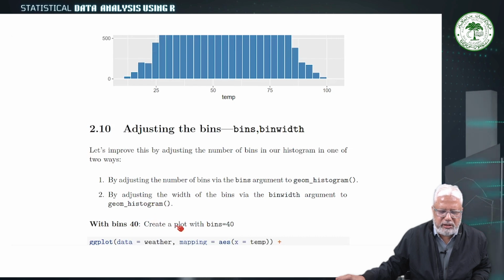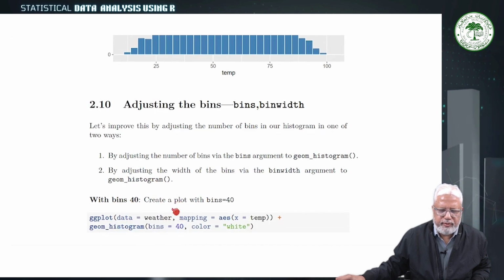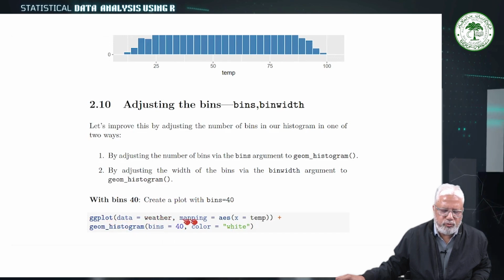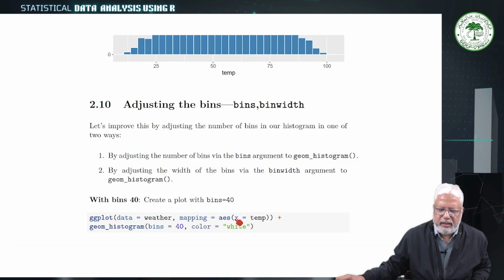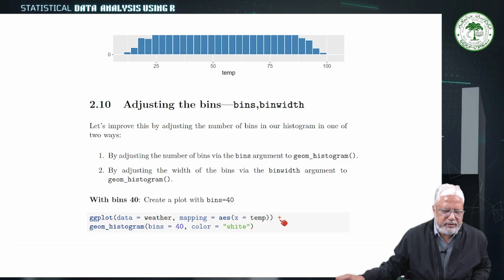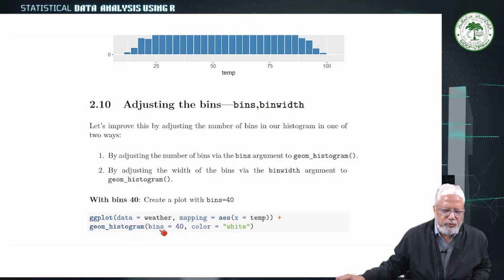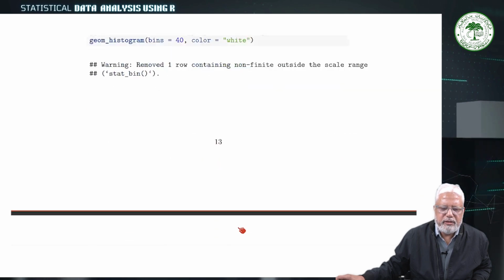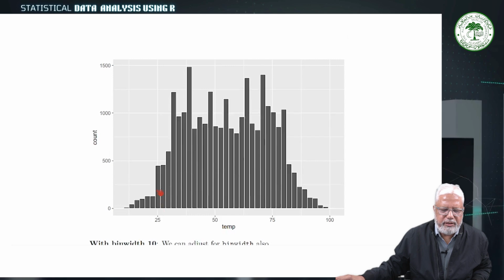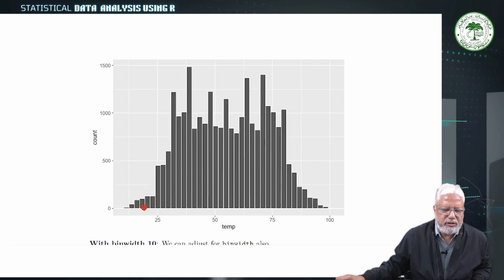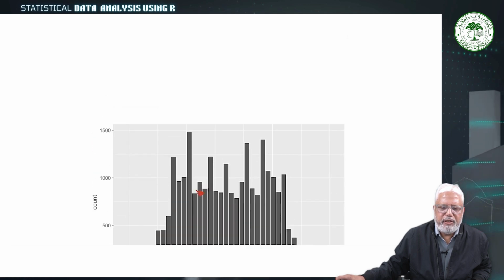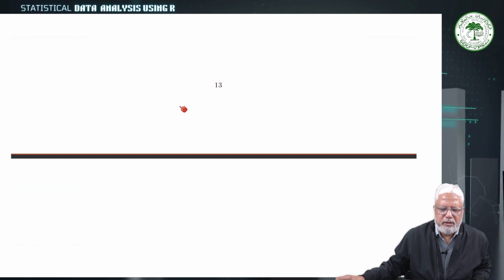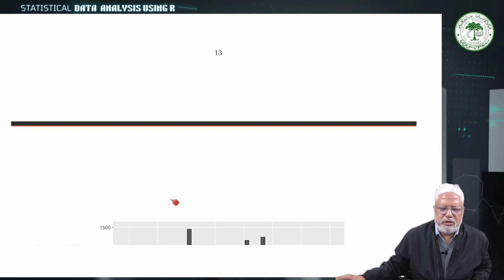With 40 bins, create a plot with bins is equal to 40. ggplot, data is equal to weather, mapping is equal to aes, x is equal to temp, plus geom_histogram. Now, we are fixing bins is equal to 40 and border color is white. So, these bins are 40. See, when bins are 40, the width of the bin has been reduced.